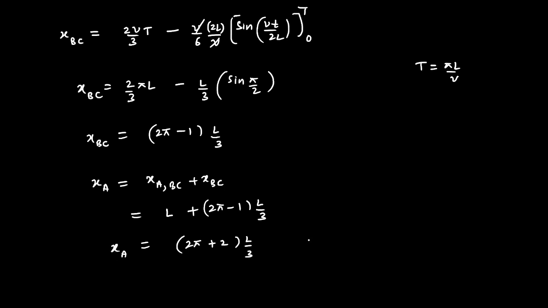In the given question, they have said to take the value of pi as 22 by 7. Substituting here, we get 58 by 21 L. That's the displacement of block A with respect to the ground frame.